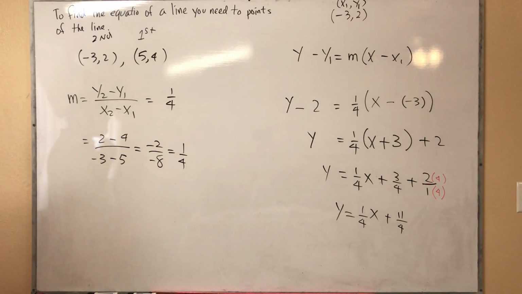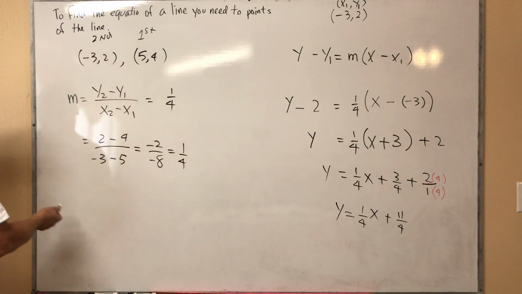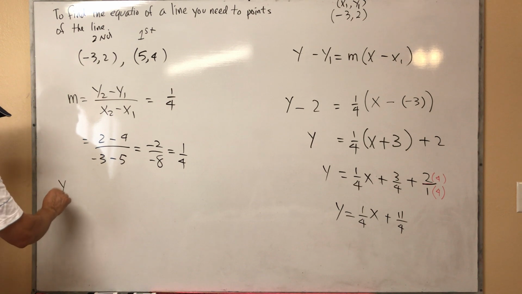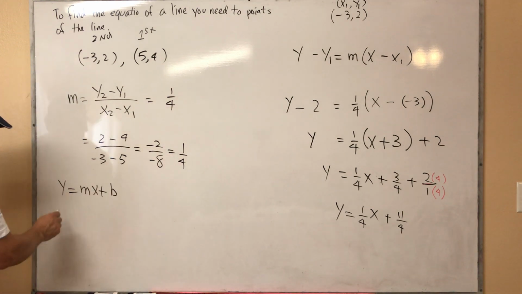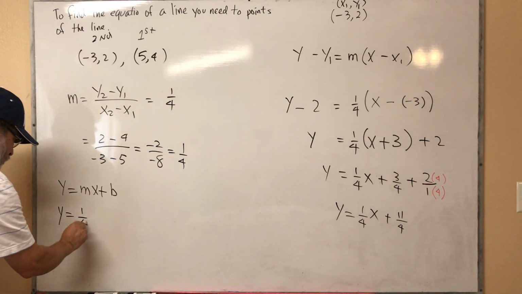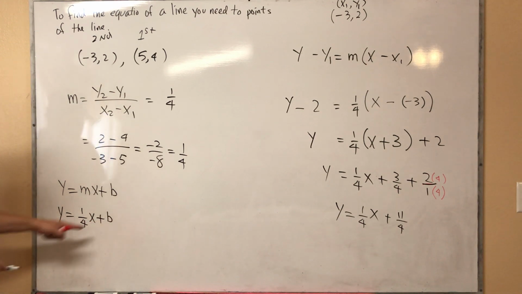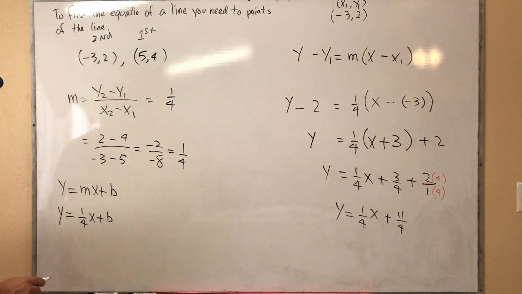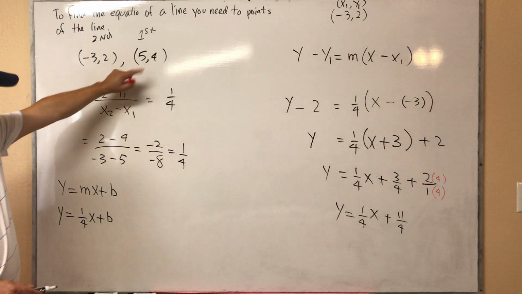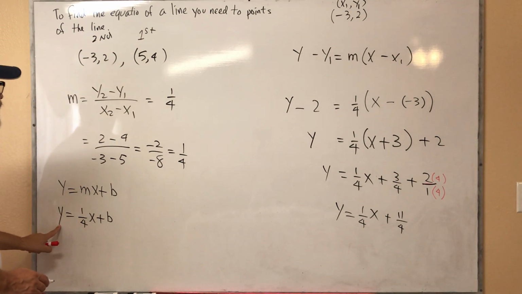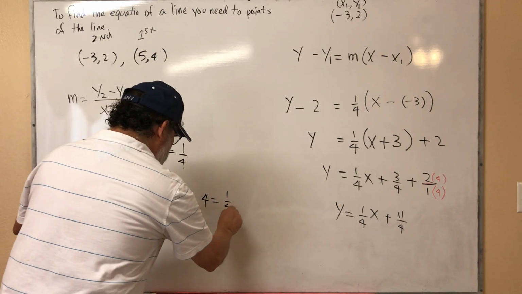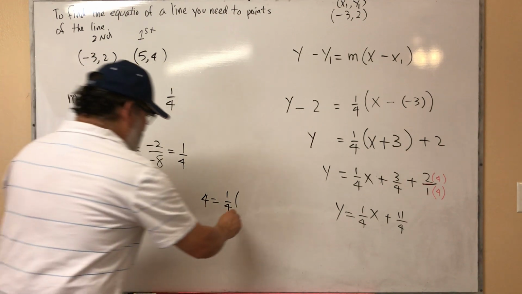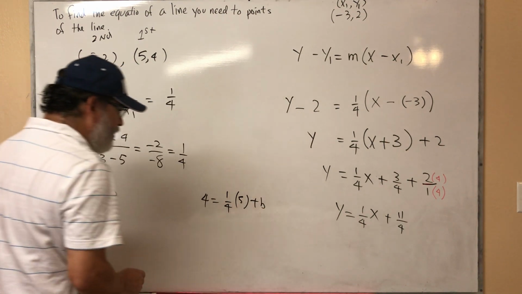And there it is. Did we get the same thing from the last one? I think we did. The first way we did it was like this: y equals mx plus b. m is the slope, y equals 1/4 x plus b. Now I'm going to find b. To find b, all you have to do is plug in a value. I'm going to plug in this point. When x is 4, 1/4, y is 5 plus b.